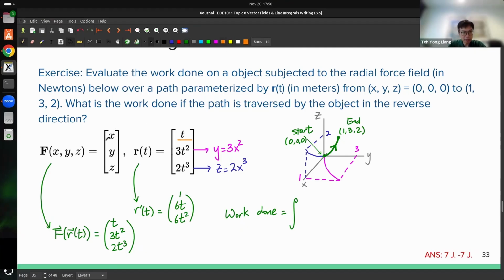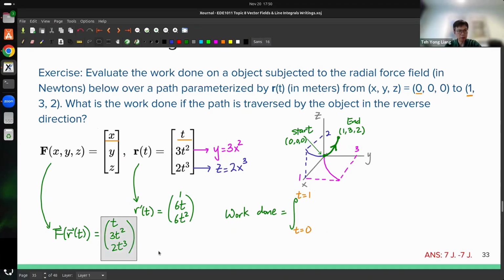You are going from x equals 0 to x equals 1. So this must be t equals 0 to t equals 1, because t is actually the x coordinate. So you must follow the x coordinate. Now you plug in.